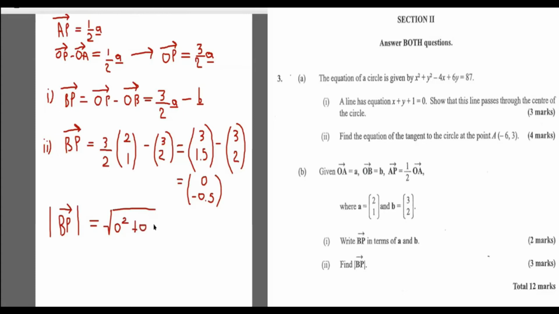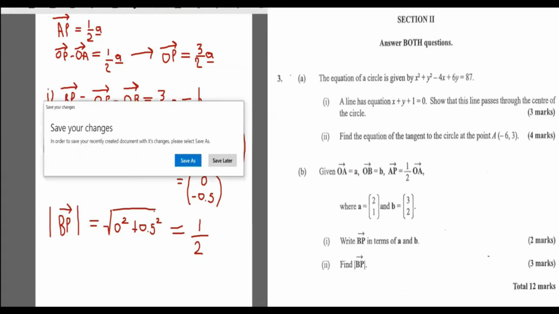All right, that's how we find vector norms or the magnitude. So when you work this out, 0.5 squared is a quarter. When you square root a quarter, you get back a half. And so the norm of vector BP is a half. That's the length. Nice and easy.